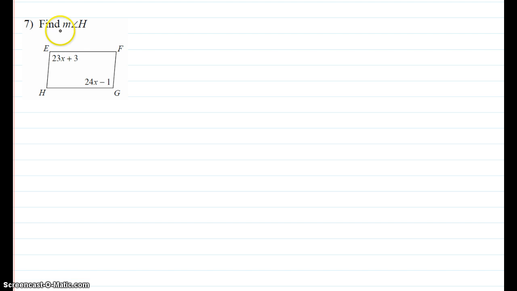All right, number 7, find the measure of angle H. First thing you should notice is what's given. We have angle E and we have angle G. These are opposite angles, and like we talked about before, the opposite angles are equal. So we have 23x plus 3 is equal to 24x minus 1.